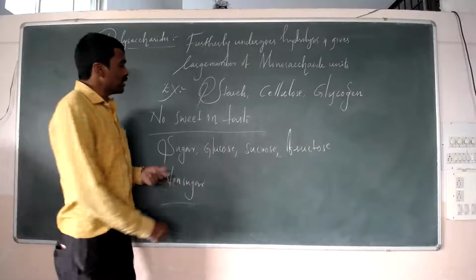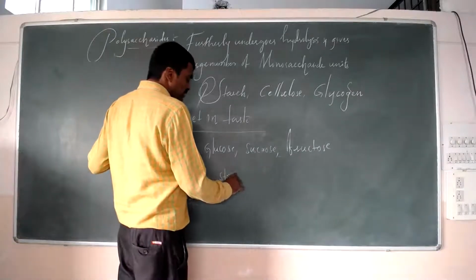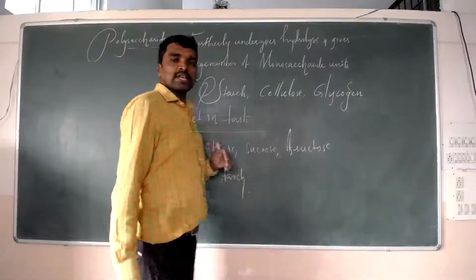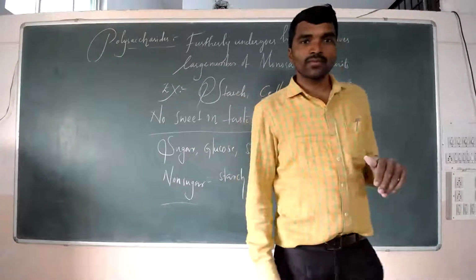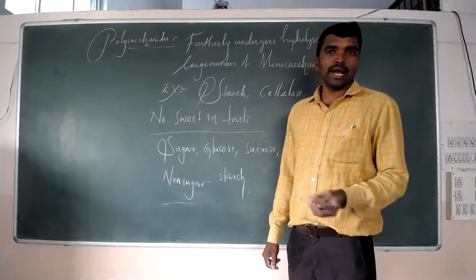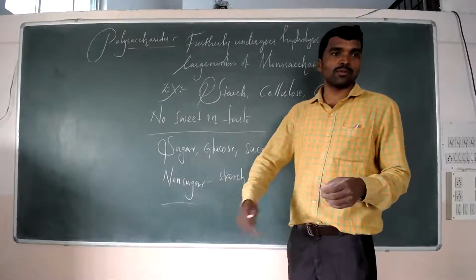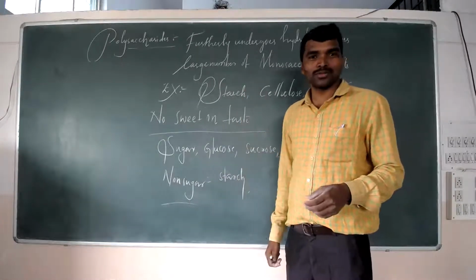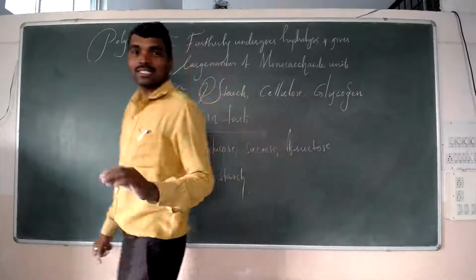Among non-sugars, what are polysaccharides? Starch. What is starch? When rice flour powder is added to water and boiled, one type of liquid substance is formed. That is called starch.